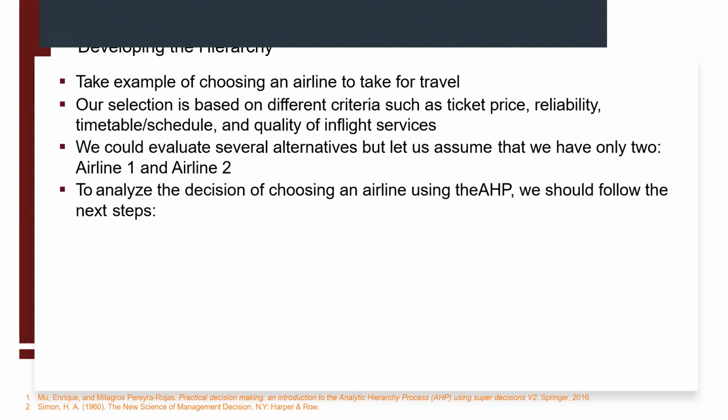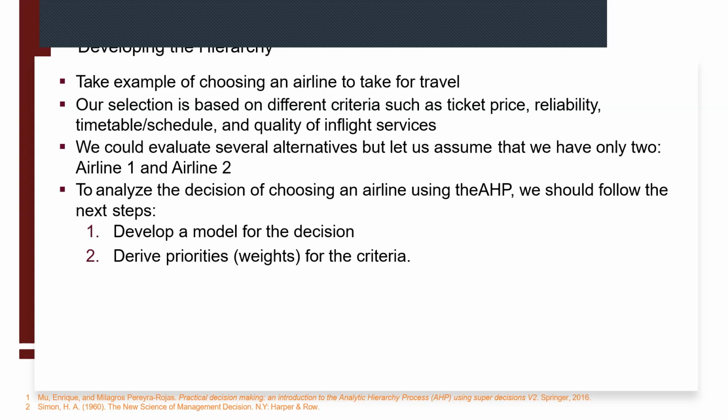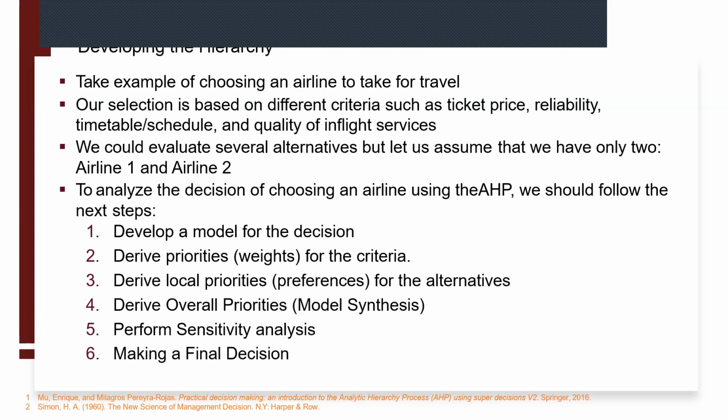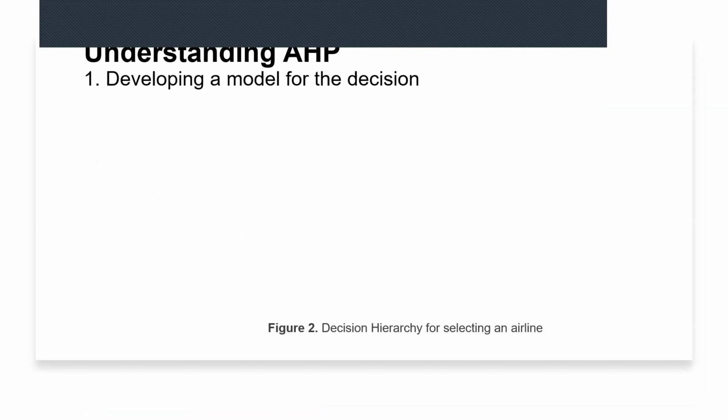To analyze the decision of choosing an airline using the AHP, we should follow the following steps. So again, develop a model, derive priorities and weights for the criteria, and then derive local priorities for the alternatives, model synthesis for the overall priorities, perform sensitivity analysis, and again, the last one is the final decision. Okay. So I tried to develop the model this way.